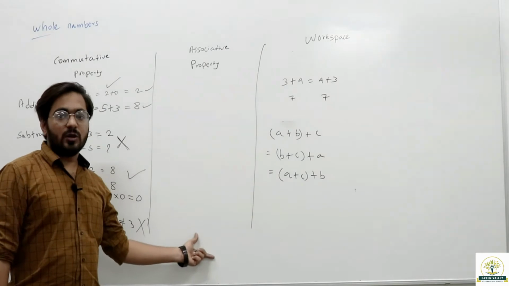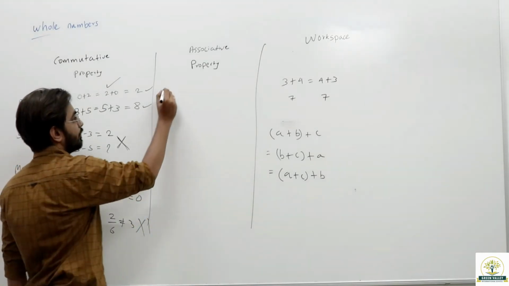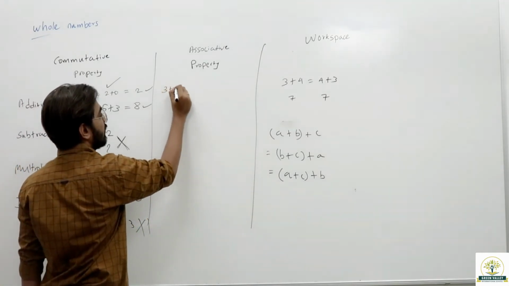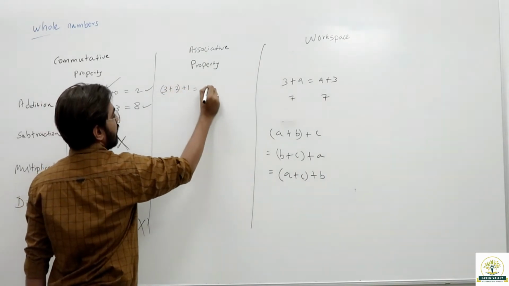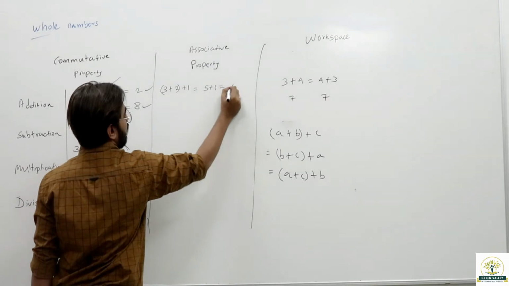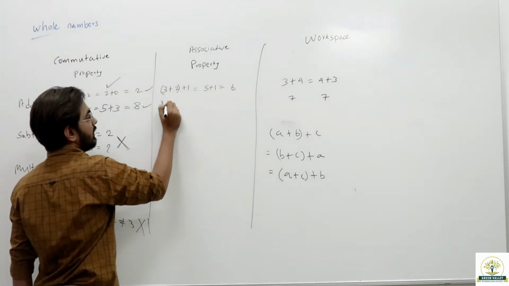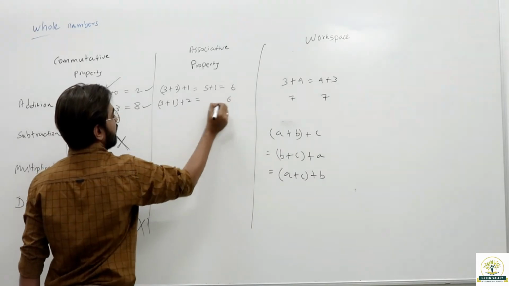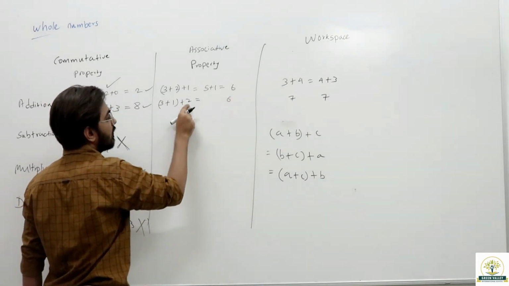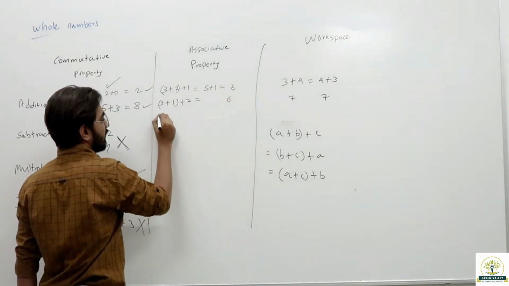Now we will check for the associative property. If I do 3 plus 2 plus 1, answer will be 5 plus 1 is equal to 6. If I do 3 plus 1 and then add 2, answer still will be 6, because 3 plus 1 gives you 4, 4 plus 2 is equal to 6.